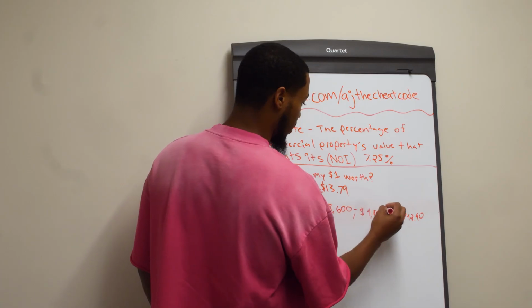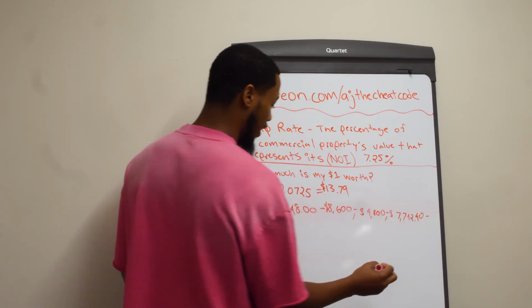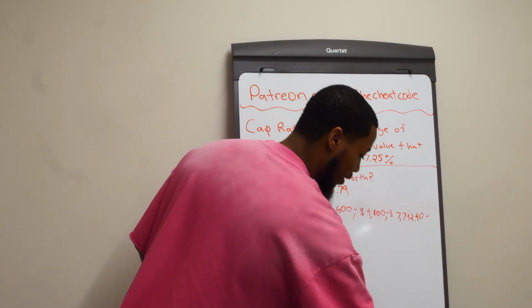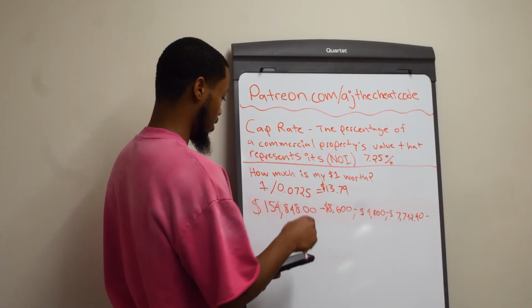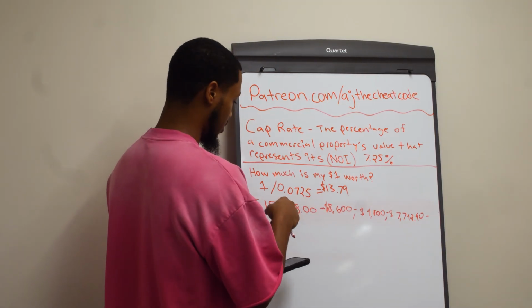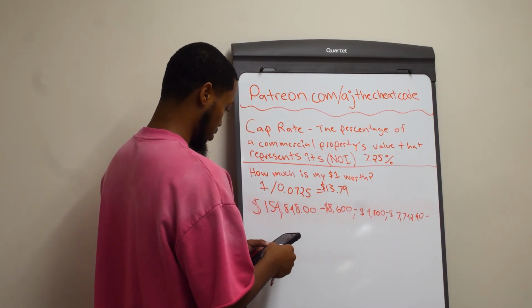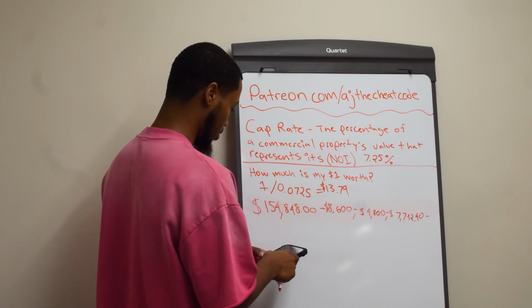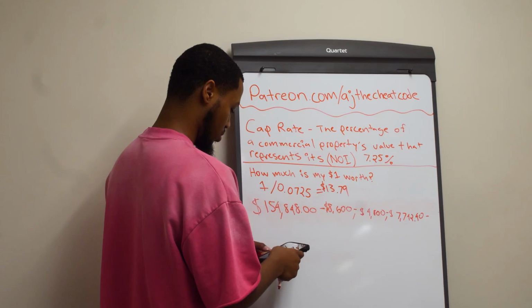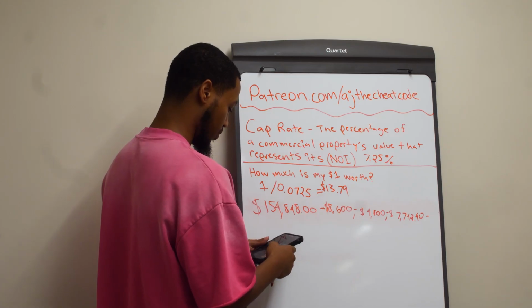You're subtracting all this, by the way. And then last but not least, you got your maintenance. So maintenance is going to be 2.5% of your gross income. So 8 times 0.25.